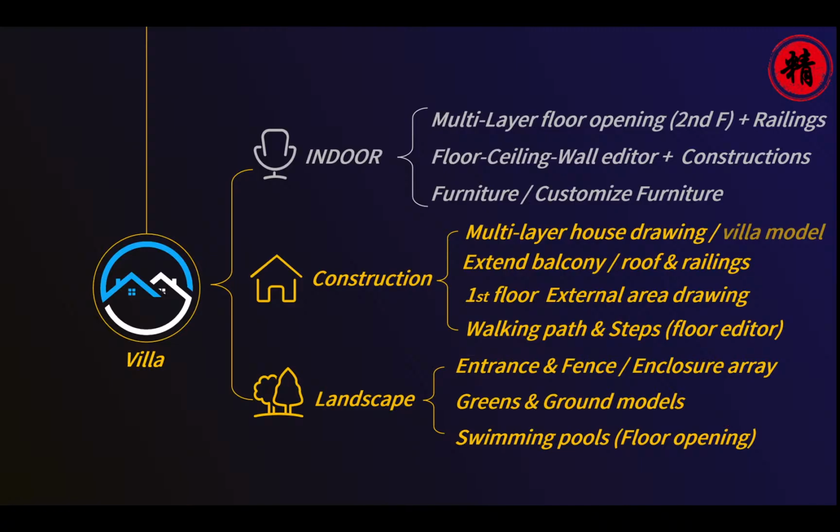Of course, if you really like some of the models, you can upload them in your personal file. Finally, we use the drawing tools, like the floor opening or custom models, to draw some customized swimming pools. So it's not only for the very standard ones, but you can also draw them with different shapes.